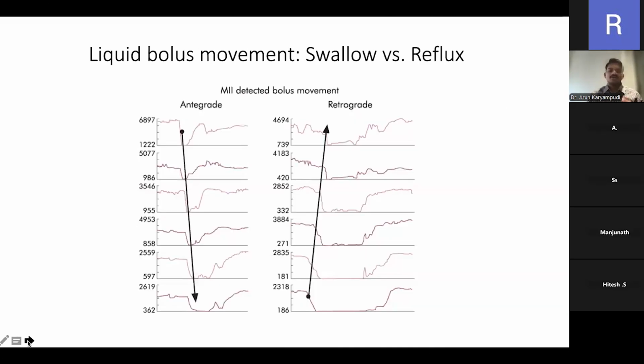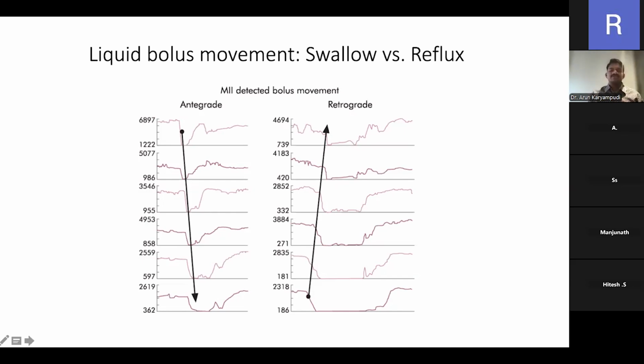You can all see here these two pictures showing bolus movement. Number one, you need to see whether it is a liquid or a gas that is moving across. And number two, you need to see the direction, whether it is moving in the oral direction or in the opposite, aboral direction.